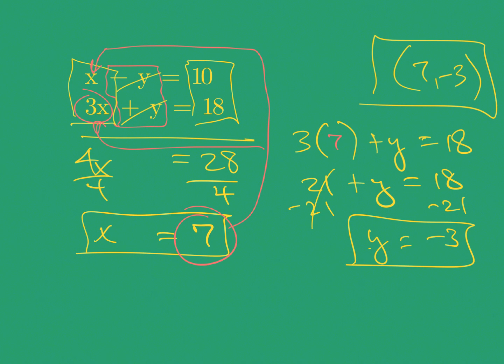So our solution, the intersection point of these two lines technically, would be at the point 7, negative 3. There's that x and y value that we're looking for that satisfies both equations.